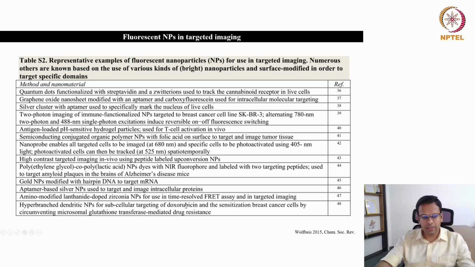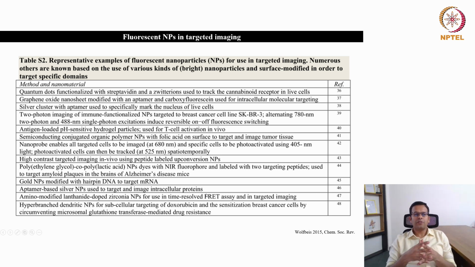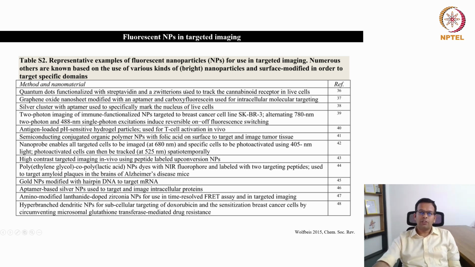So if you are interested in how gold nanoparticles modified with hairpin DNA to target mRNA were used, you just go to reference number 45 of this review article. You can go into the details of how they made this kind of nanoparticle for specific targeting of mRNA. You can see here quantum dots functionalized with streptavidin and zwitterions used to track the cannabinoid receptor in live cells.